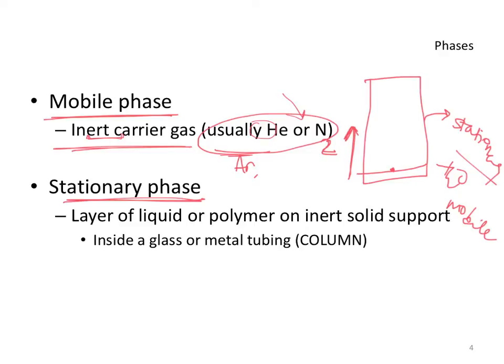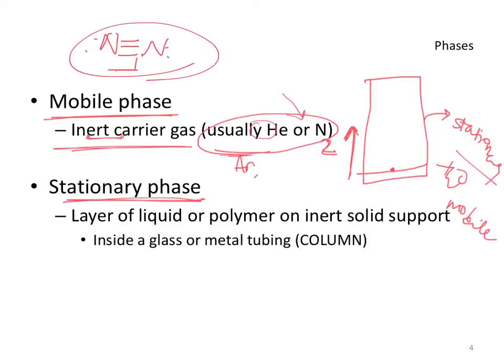Any ideas? Well, if you're thinking along bonding, yes, then you are thinking along the correct lines. That's your Lewis structure for dinitrogen.